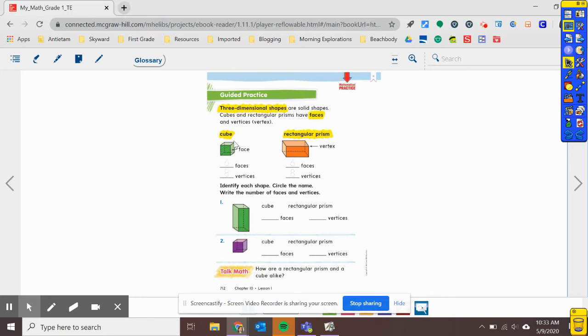Those are still called vertices or a vertex. The faces are where it's different because now instead of just having a square on a piece of paper, I have other sides to my shape. So the face is this whole side, this darker green part right here of my shape that I can see.